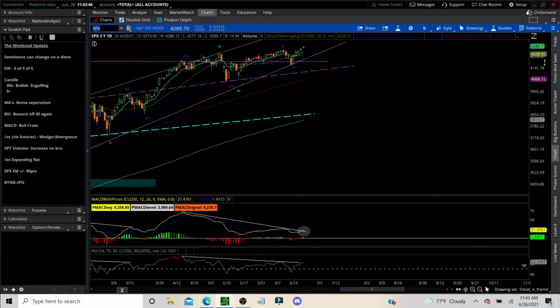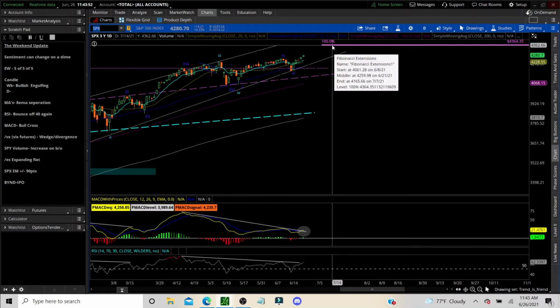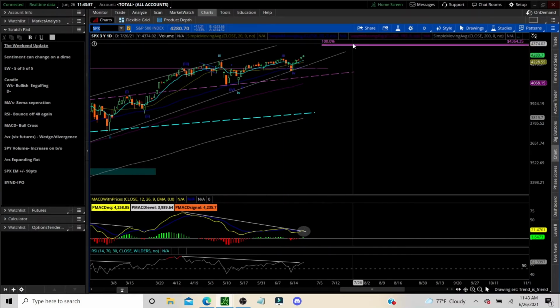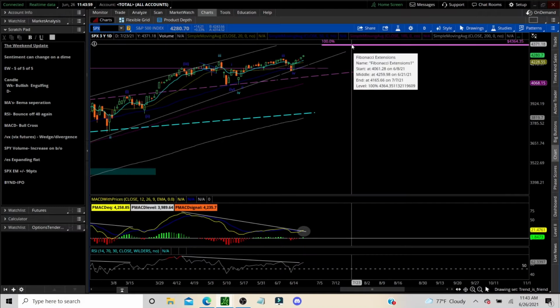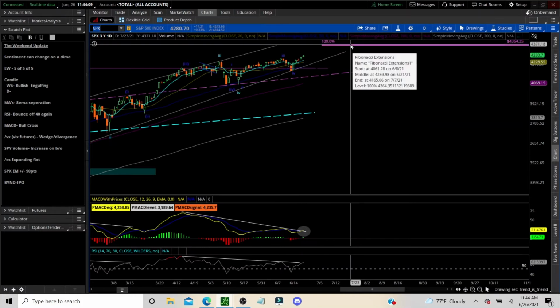So for the third wave, we did a measurement here, 100% of the extension from the third wave, which means that the fifth wave, at a minimum, has to reach this 4364-ish area. That's a little bit rough, but that just kind of gives us a plan.